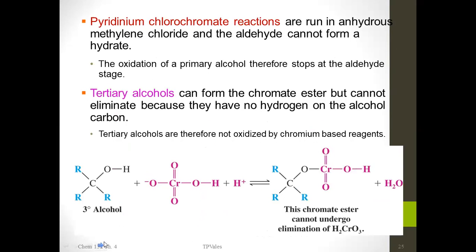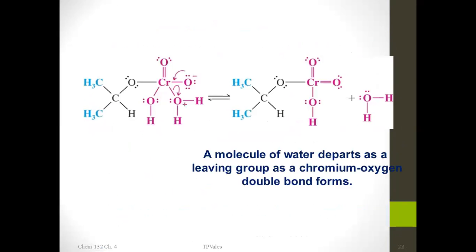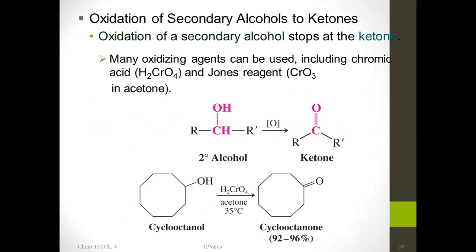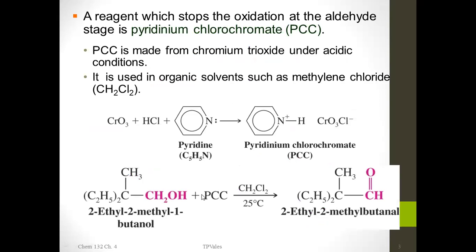Okay, pyridinium chlorochromate reactions are run in anhydrous methylene chloride, and the aldehyde cannot form a hydrate. So you just have to take note when we're using PCC, we run this in anhydrous, which means without water, methylene chloride. The oxidation of a primary alcohol therefore stops at the aldehyde stage. We have already mentioned that here.